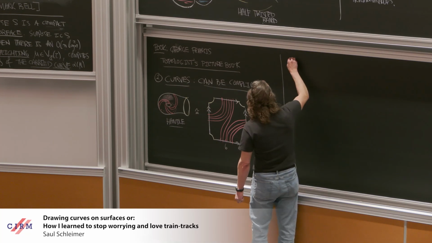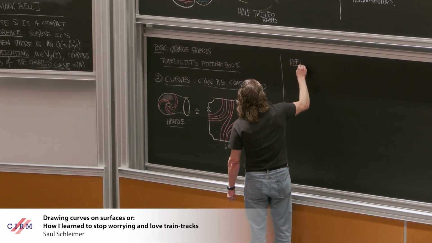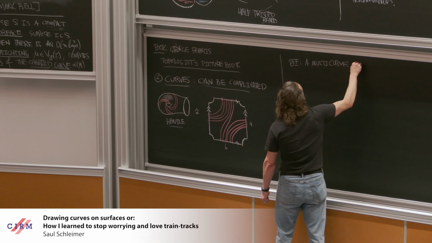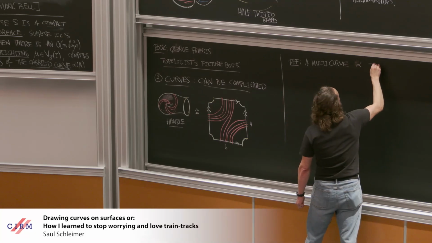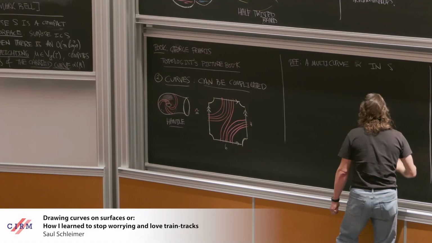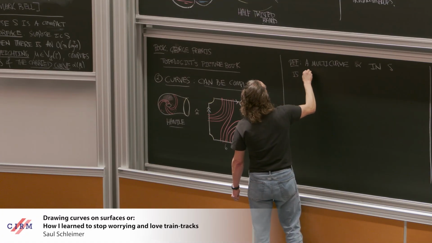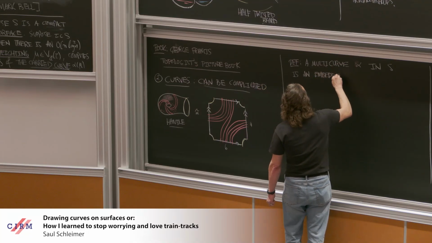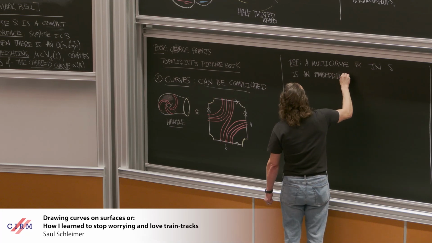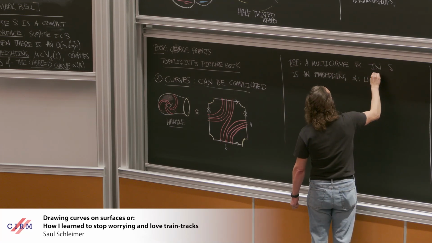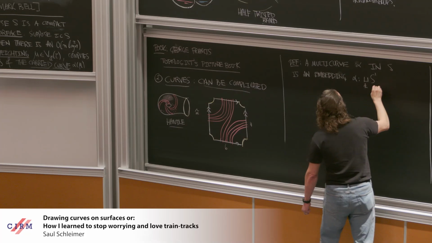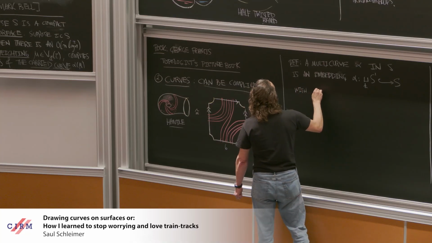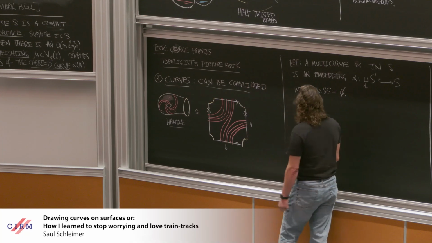So to answer your question, definition: a multi-curve, let's call it alpha, in S is an embedding, I'll also use alpha for it, alpha mapping a disjoint union of copies of S1, so there'll be K components here, into my surface S with alpha intersect the boundary of S is empty. Okay, so that's a multi-curve.